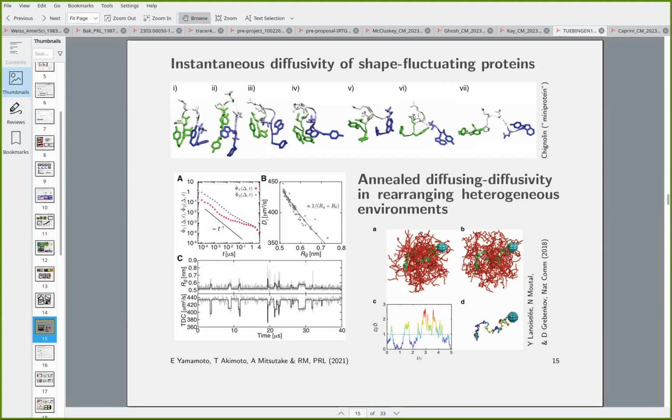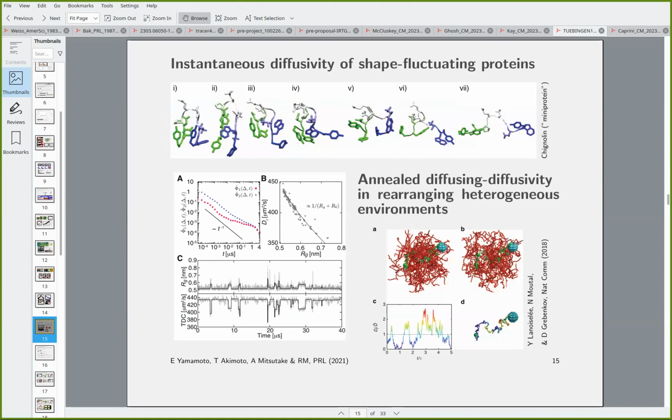One is look at what happens when you have a relatively simple, so-called mini protein in just water. This is a protein that only consists of very few amino acids, and it can assume many different configurations. It can be very compact, small hydration radius, it can be very extended, and of course it's bigger.